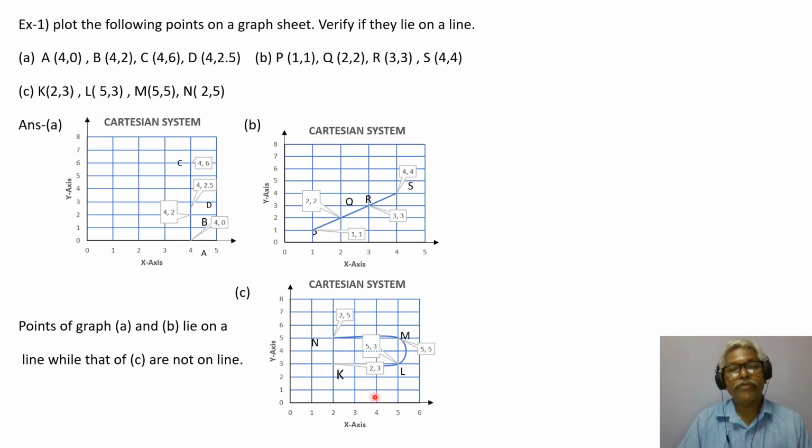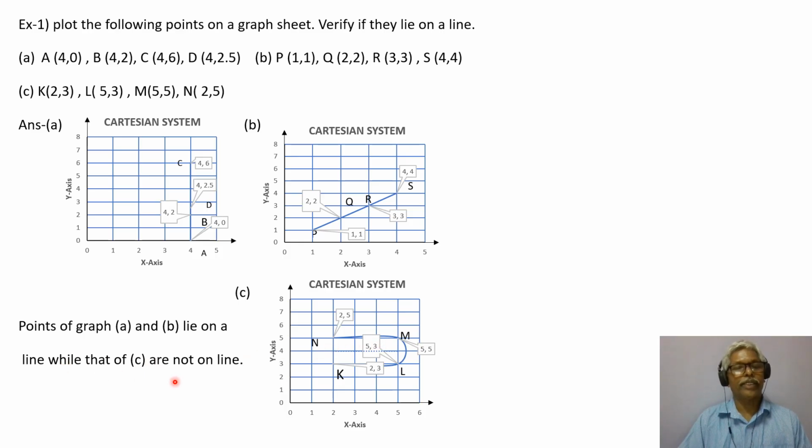L is (5, 3), so on x axis it is 5 and 3, this is L. M is (5, 5), 5 and 5, this is M. Okay, and N is (2, 5), so x is 2 and y is 5, so this is (2, 5). And if we join these 4 points, then clearly they are not on a single straight line.